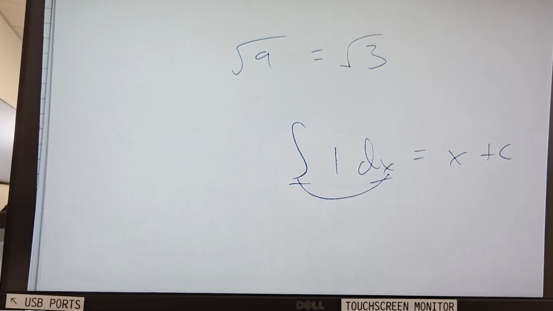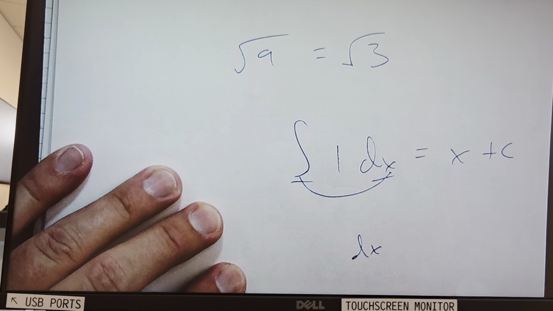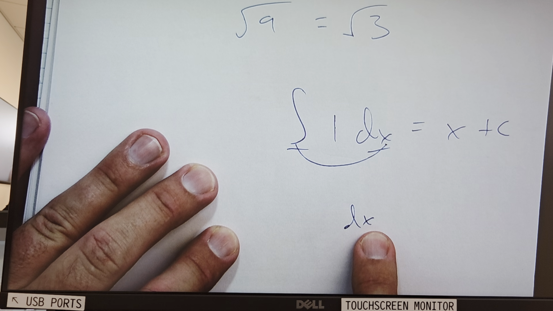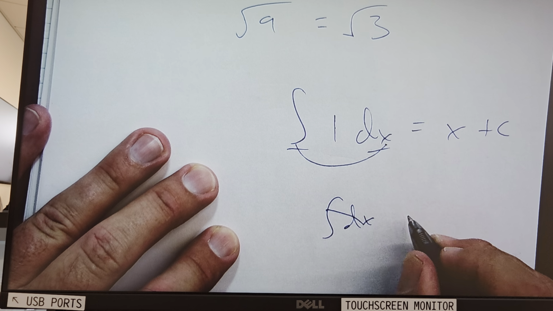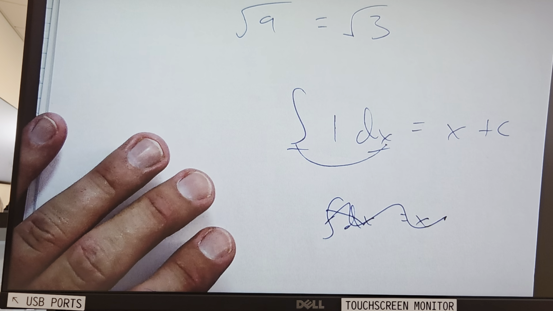And of course, with respect to x. If this is integral 1 dy, why? Because that's telling me with respect to what? Another way to look at this is, what does this actually mean? Doesn't this mean derivative of? So when I integrate it, don't these cancel? Yeah.